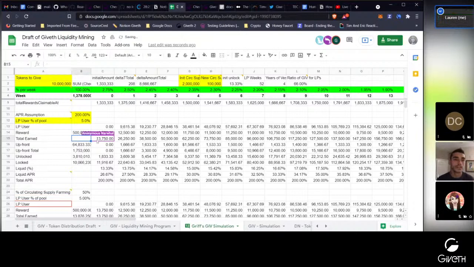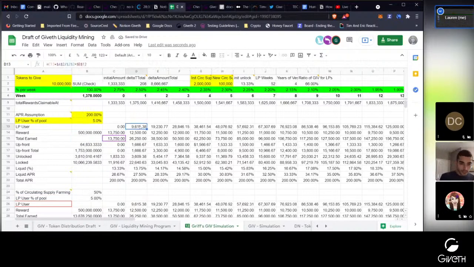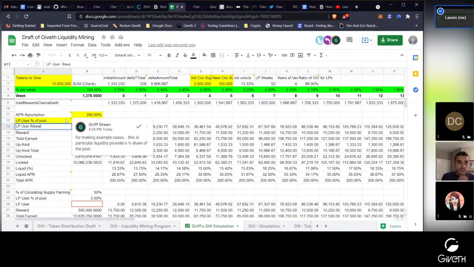Let's see. So this is 5% of, they're getting 5% of the A2. And then let's see, so this is definitely LP user reward. Cool.